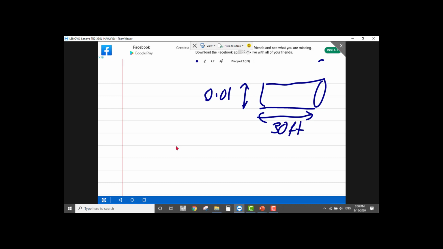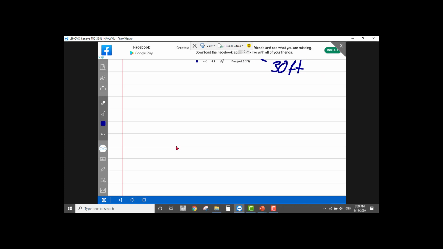Okay. And the properties are given. So first of all we need to find the head loss. So this is part A, head loss.